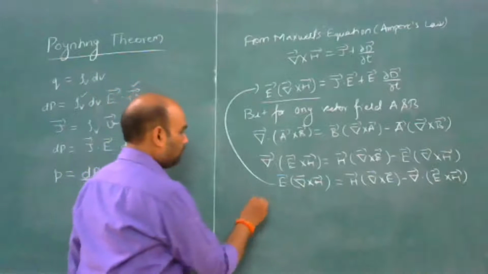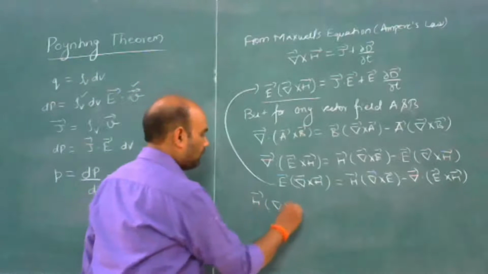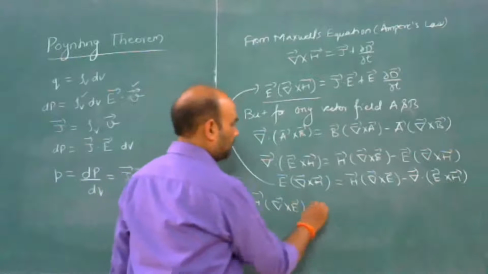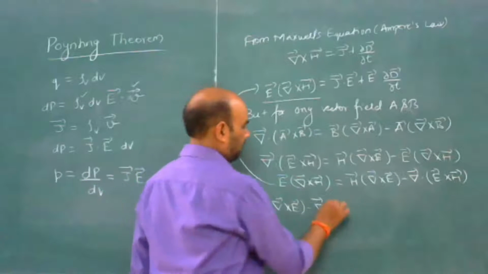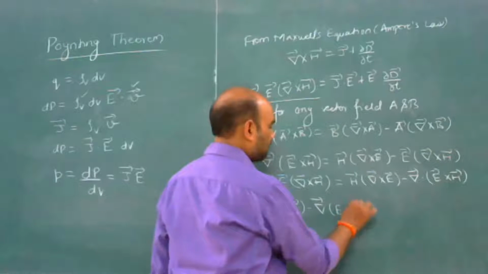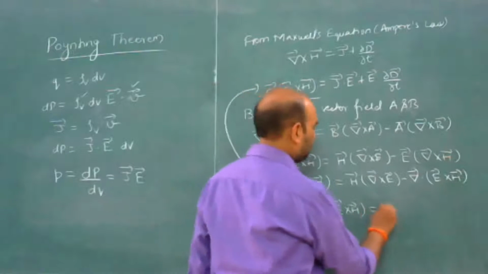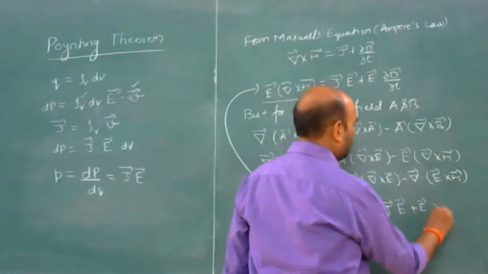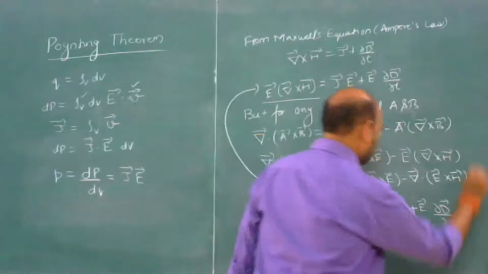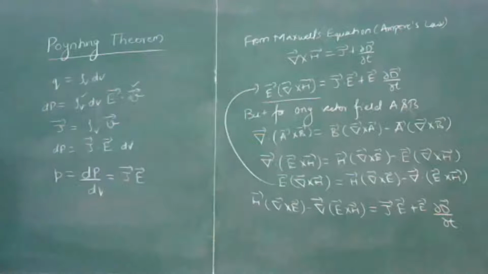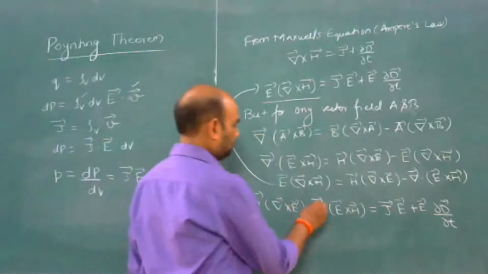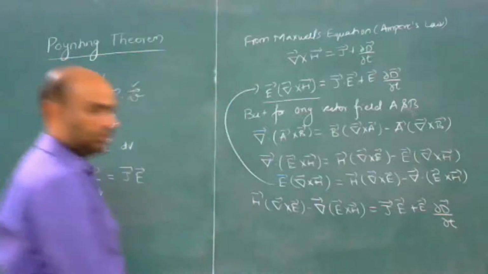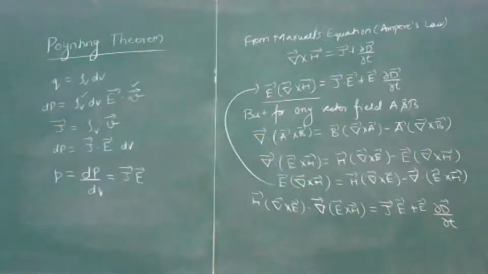So H dot curl of E minus divergence of E cross H is equal to J dot E plus E dot del D by del t. On rearranging it, we can write as follows.